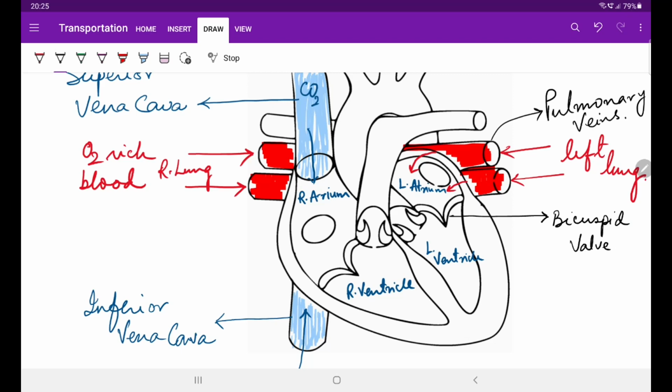Because it has two flaps which open and close the entry point of the atrium into the ventricle. The other name given to the bicuspid valve is the mitral valve. In a similar manner, the valve present between the right atrium and right ventricle is called the tricuspid valve.